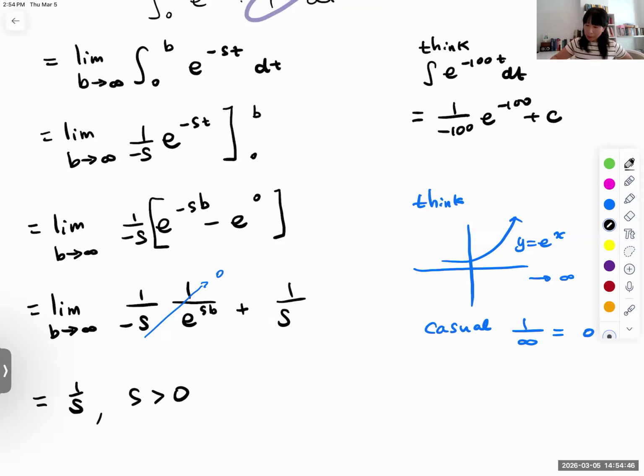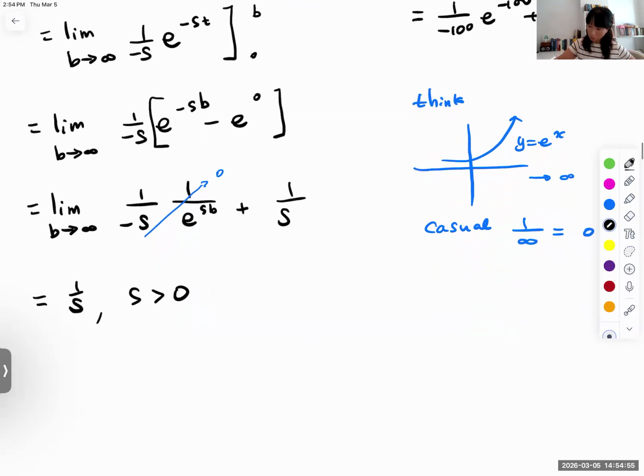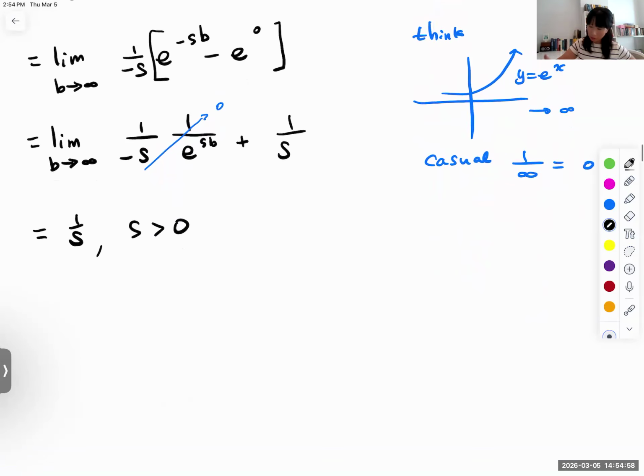Okay, so let's talk about when s equals 0 and when s is negative. Note, if s equals 0, then we have the integral from 0 to infinity of e to the negative st dt.